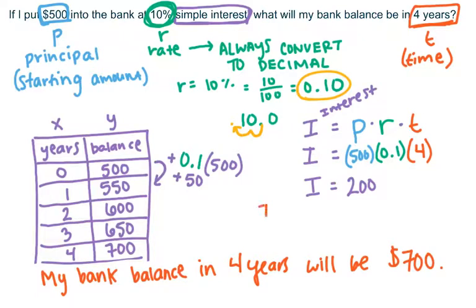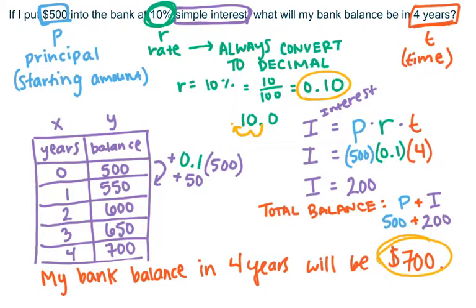So to get the total balance, I need to add my principal, P, plus my interest, I. So my total balance is going to be 500 plus 200 in interest. 500 plus 200 is $700.